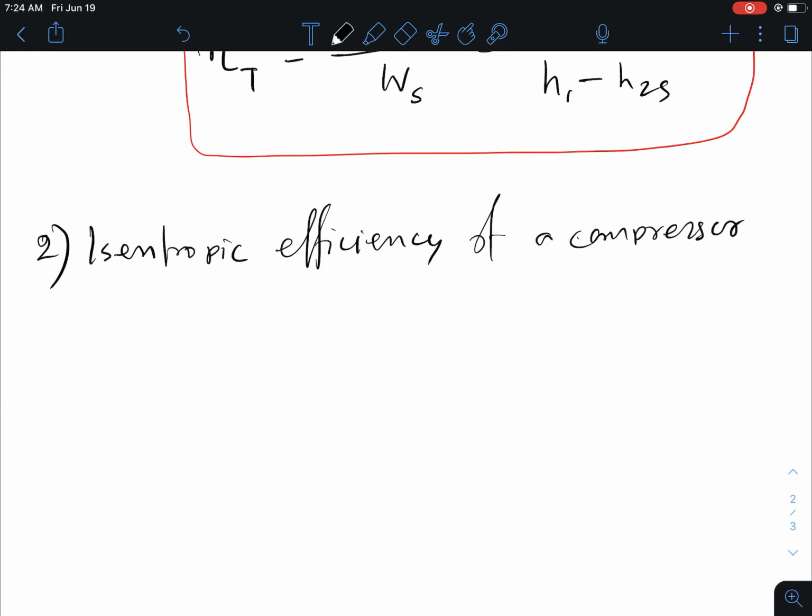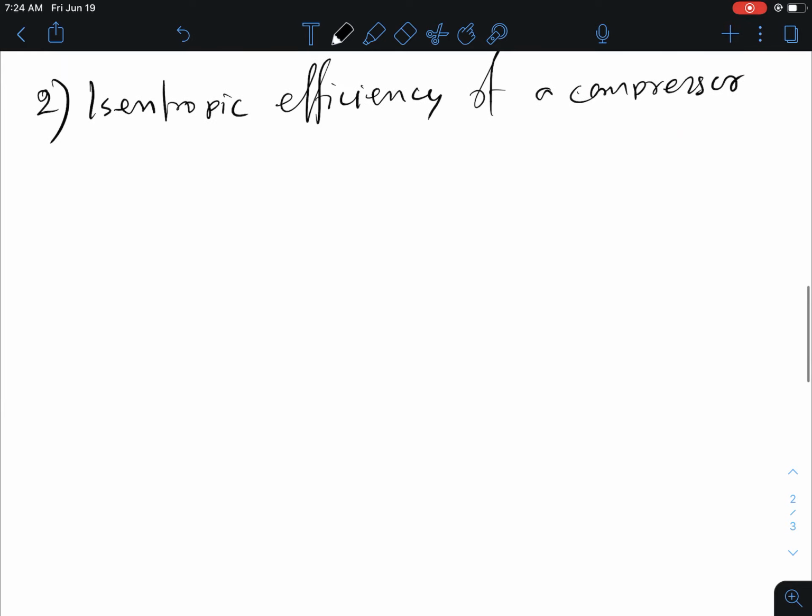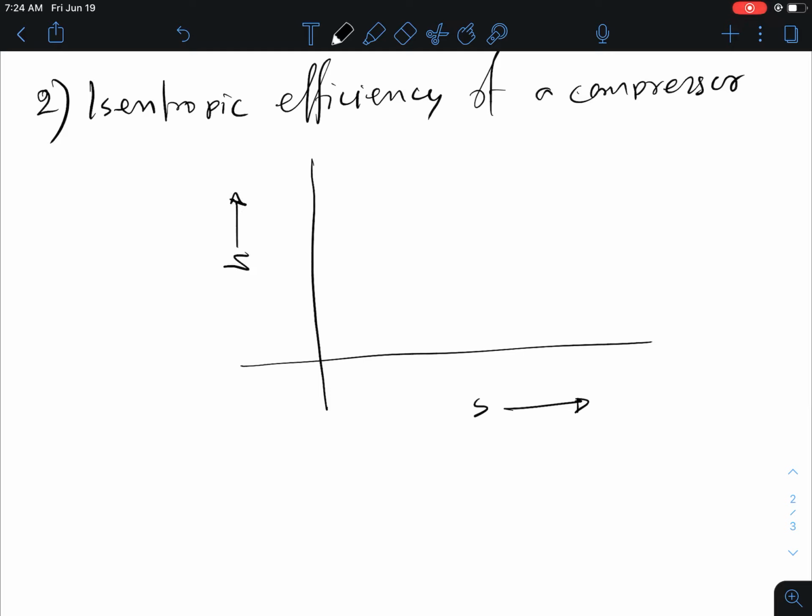So if it is a compressor, then the HS diagram will be, so this is S and this is S, right? So the HS diagram will be, for example, this is the, let me do it in color so then it will be easier.